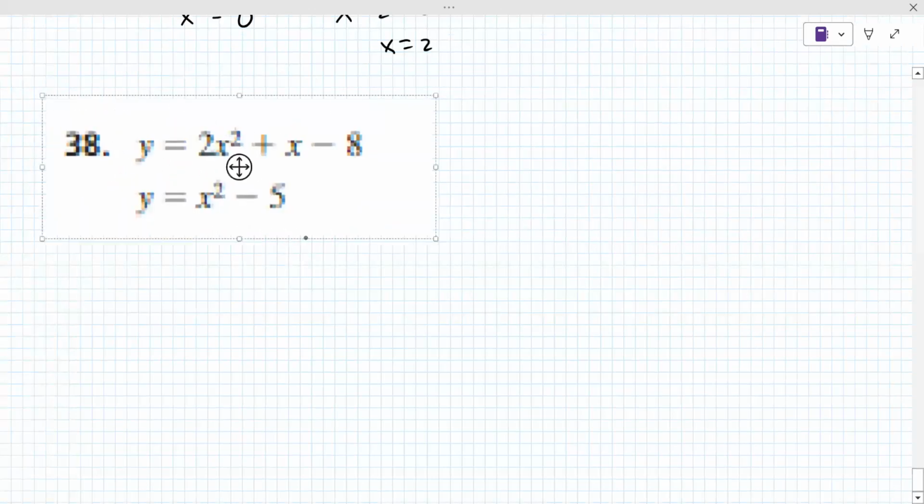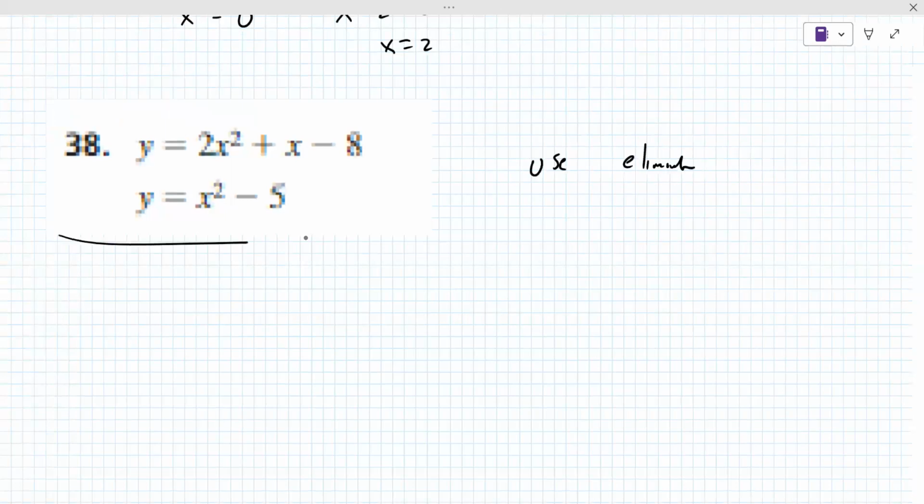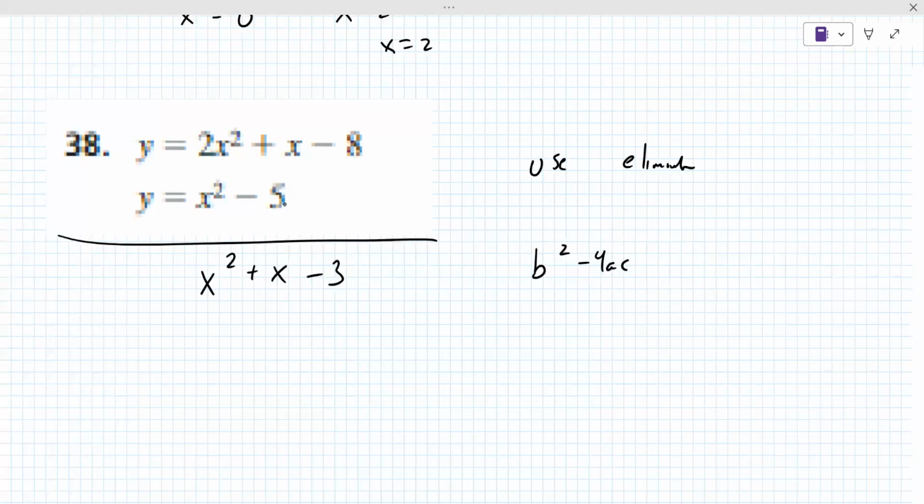So you have to use elimination. And so minus x squared is x squared. Plus x. And then that last one becomes 3. Yes, -3. So zero. Take a look at the discriminant first, see if that gives you a solution or not.